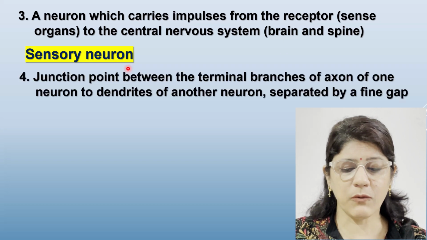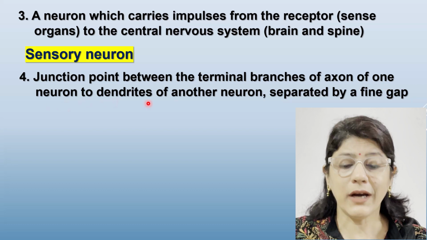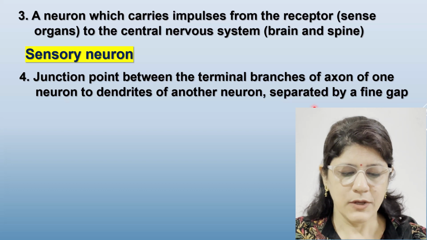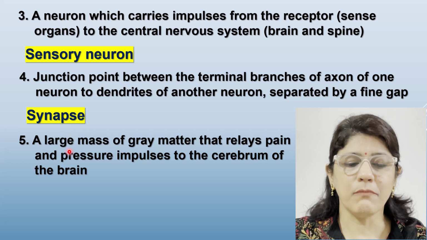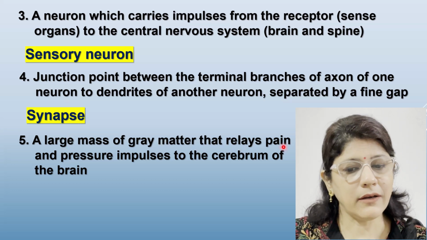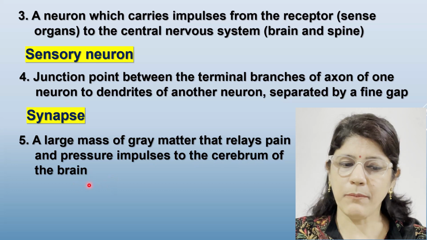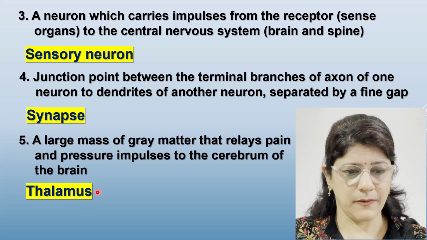The junction point between the terminal branches of axon of one neuron to the dendrites of other neuron separated by a fine gap. So this is synapse. Next is a large mass of gray matter that relays pain and pressure impulses to the cerebrum of the brain. So this large gray mass is thalamus.